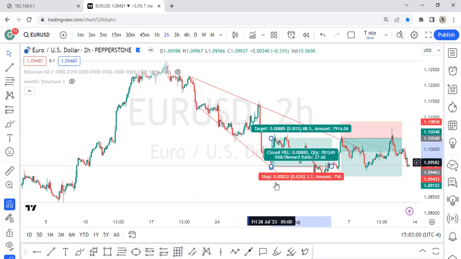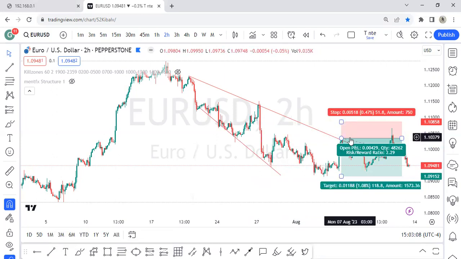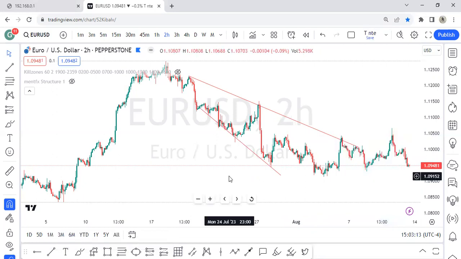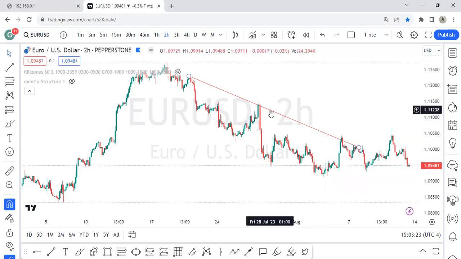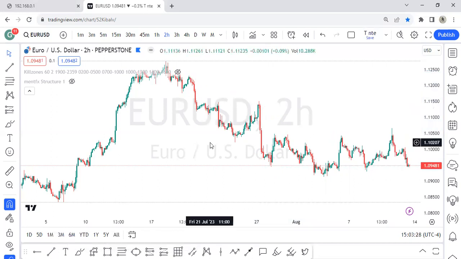Now, when I'm talking about liquidity, liquidity simply means a place in which a trader would like to put in his trade position. Liquidity could mean several things; from the broker perspective, it could mean something else.